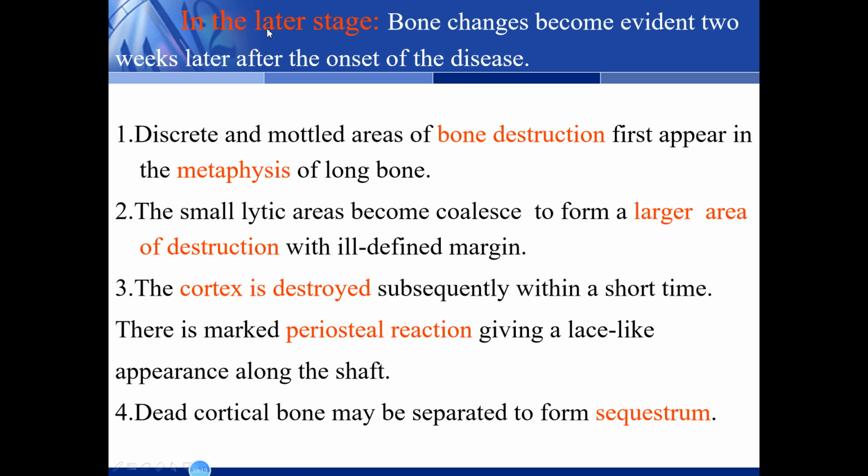In the later stage, the bone changes become evident 2 weeks after the onset of the disease. After 2 weeks, we could find the lesions in the bones clearly. One, discrete motheaten areas of bone destruction first appear in the metaphysis of the long bone.